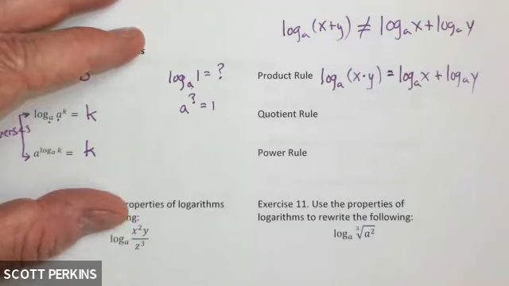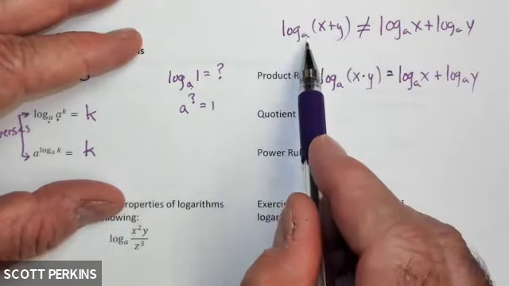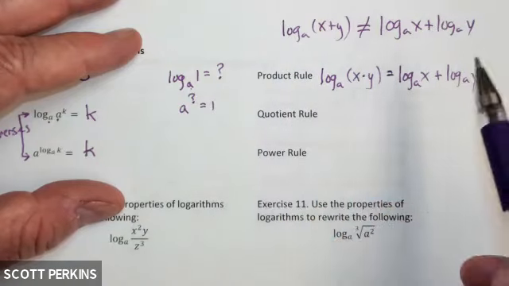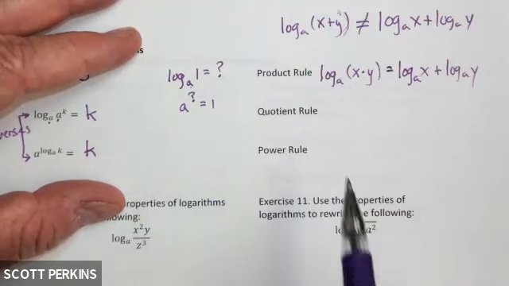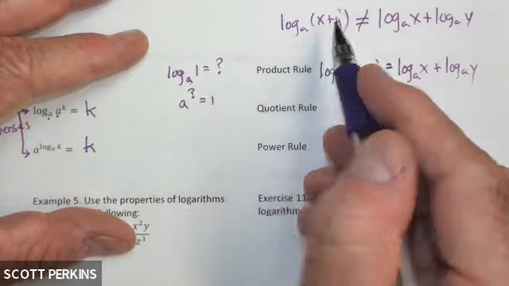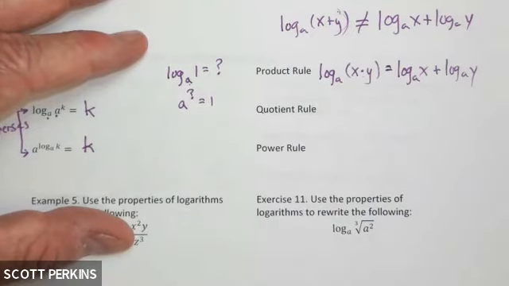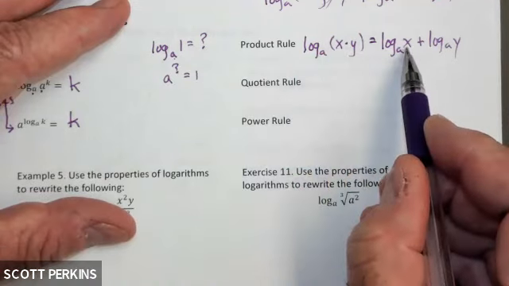That is wrong. Don't do that. You cannot distribute. This is not a multiplication problem. Okay, so don't distribute. The only time you can separate what's in here is if it's either multiplication or, like the next problem, when we have division in the parentheses. If it's addition, you can't do anything.